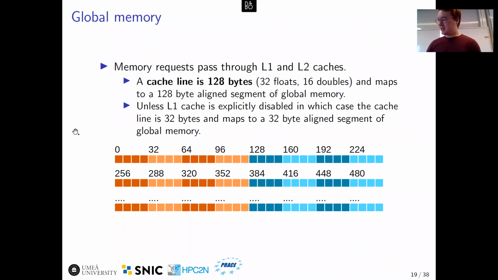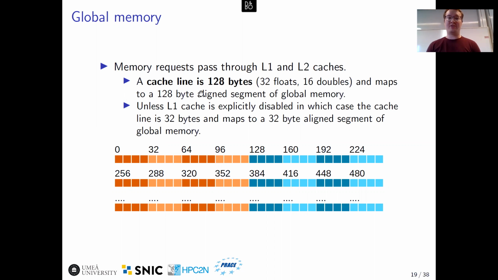The next topic is going to be global memory, the couple of gigabytes of memory that exists on the GPU. One of the key factors that influence the performance of this memory is the L1 and L2 caches.